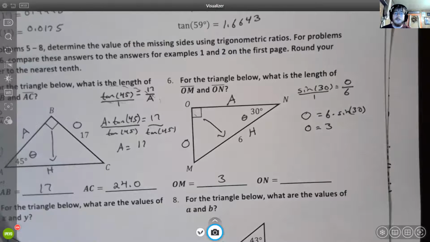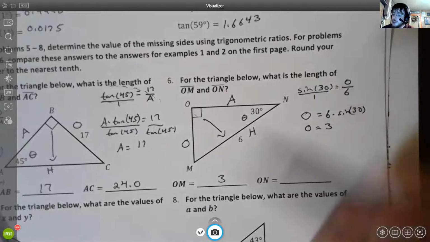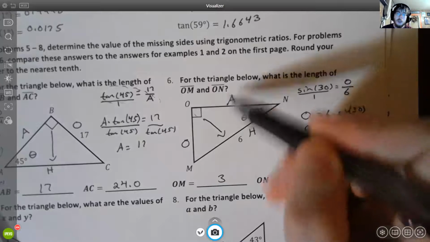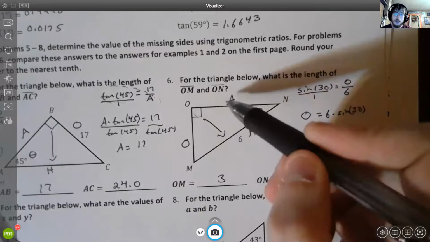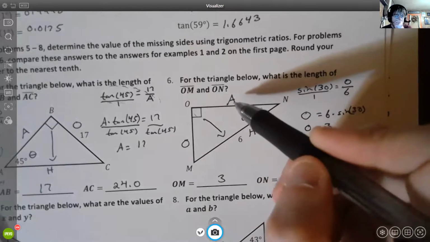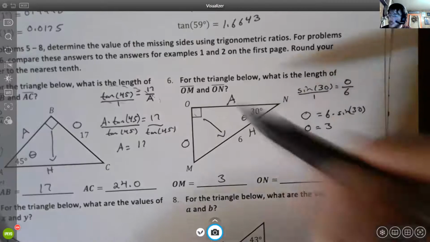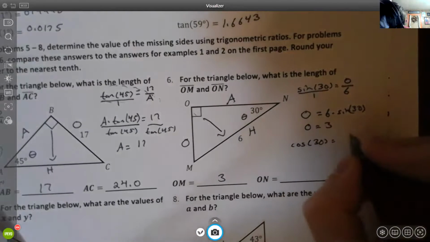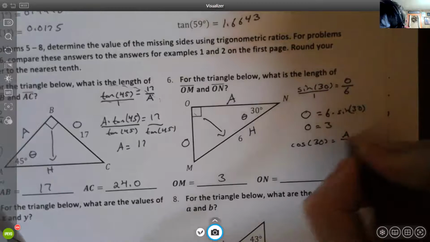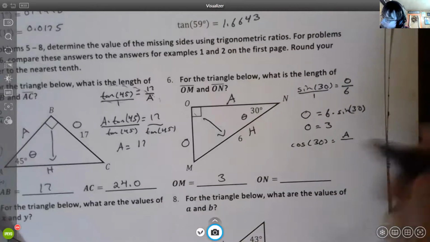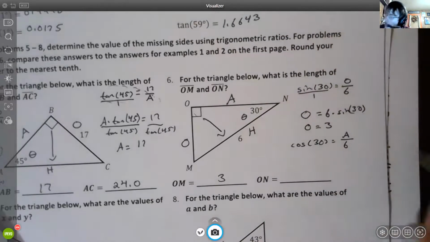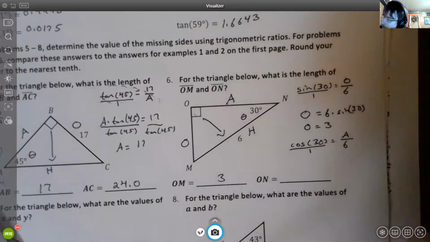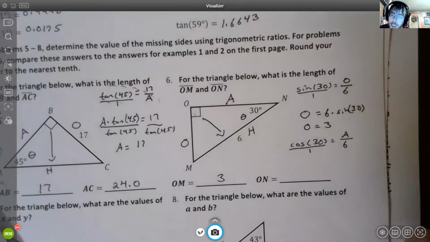All right, then we want to find A. Again, we're going to focus on using our H, which is what was given to us before. So what trig function uses A and H? That would be cosine. So cosine of 30 equals A over H. We don't know A, but we do know H is 6. We're going to put cosine of 30 over 1, and cross multiply.